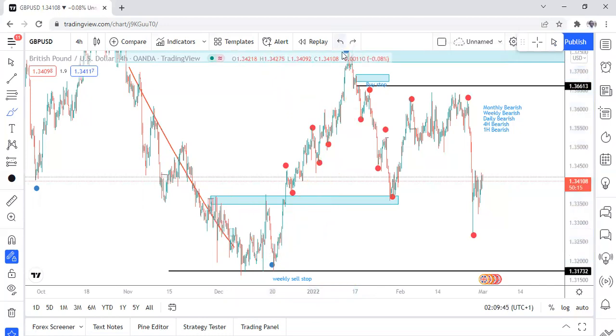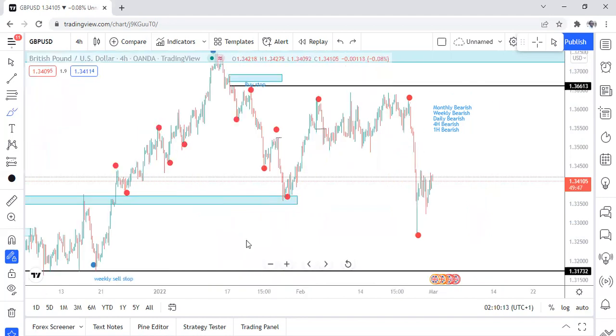So I know that I'm trading a retracement. By the time it gets to this point, it continues to sell. Even if I'm buying around this point, I know I'm getting out when I get to this zone. That is my idea of trading.